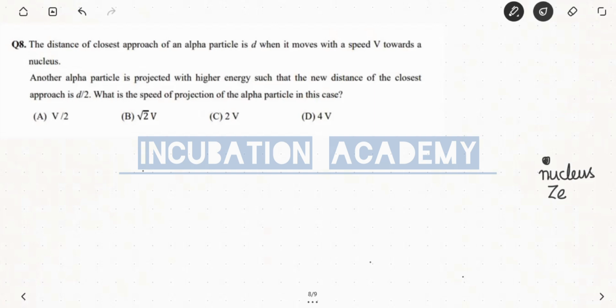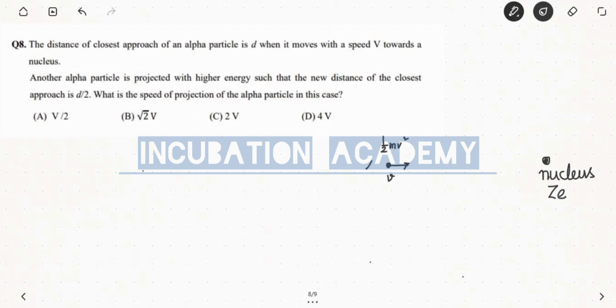If you don't know the atom, it does not matter, but it's a positive charge. An alpha particle starts moving towards it from here, let us say, and it has the velocity v and kinetic energy half of mv square. Here m is the mass of the alpha particle.